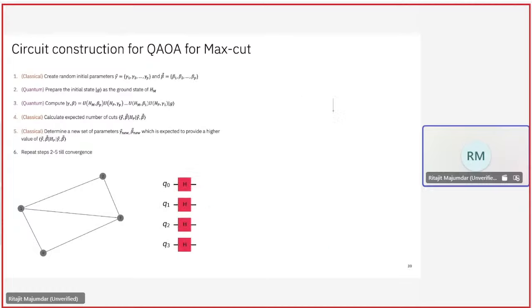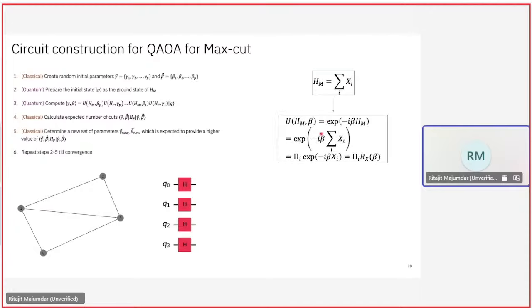Now, the third thing we need is U_HM(beta). We have already seen this is HM. How do we do U_HM? Take the exponentiation of this, and once more we have e to the power minus i beta sum over Xi. These terms commute with each other, so I can take out the summation and write it as a product of individual terms.